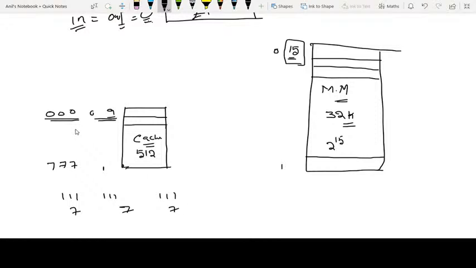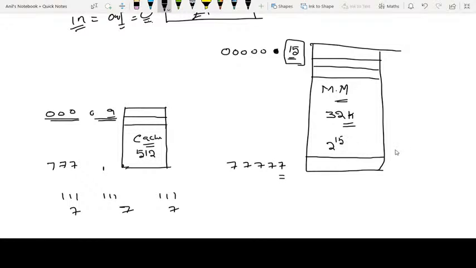So the cache memory will be addressed by using 9 bits and the main memory will be addressed by using 15 bits. When we simplify, we'll get 3 digits in the cache memory, and 5 digits in the main memory. 00000 is the first location, and 77777 is the final location.